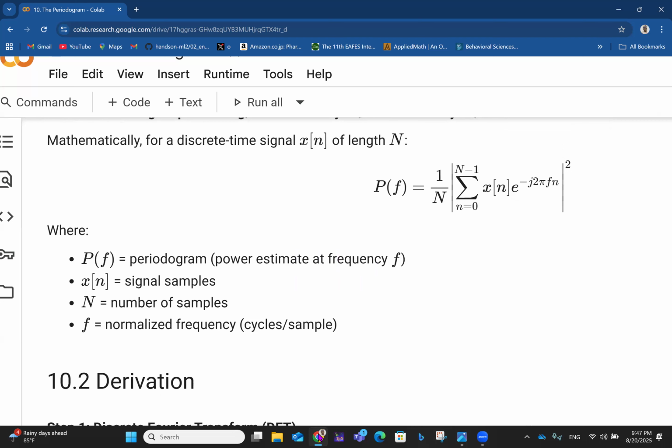So here P(f) is known as the periodogram. That is the power estimate at frequency f. Then x[n] is the signal samples, while N is the number of samples. That would be what we call harmonics in the case of continuous time, I think. So f is the normalized frequency. These are cycles per sample.